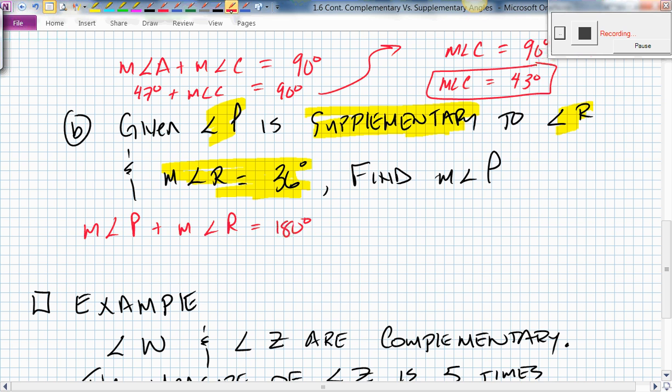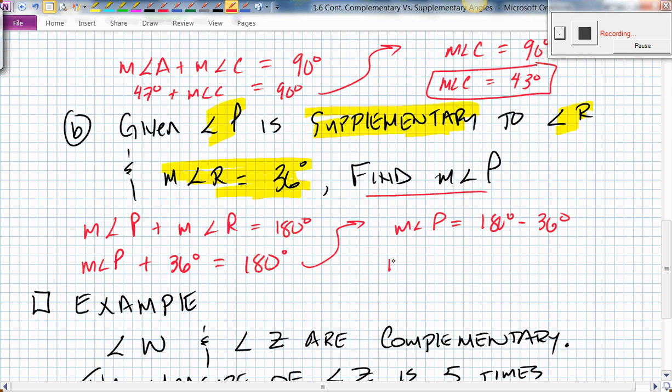So I'll plug that in. So the measure of angle P plus 36 degrees must be 180 degrees. I'm supposed to find the measure of angle P. So I'll say the measure of angle P must be 180 degrees minus 36 degrees. So the measure of angle P must be 144 degrees.